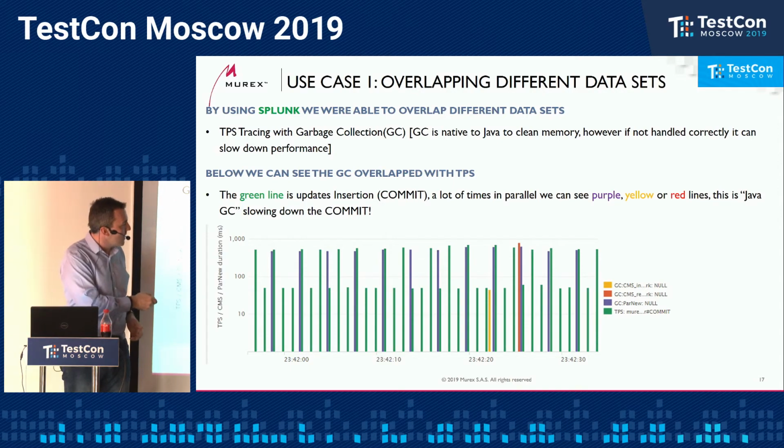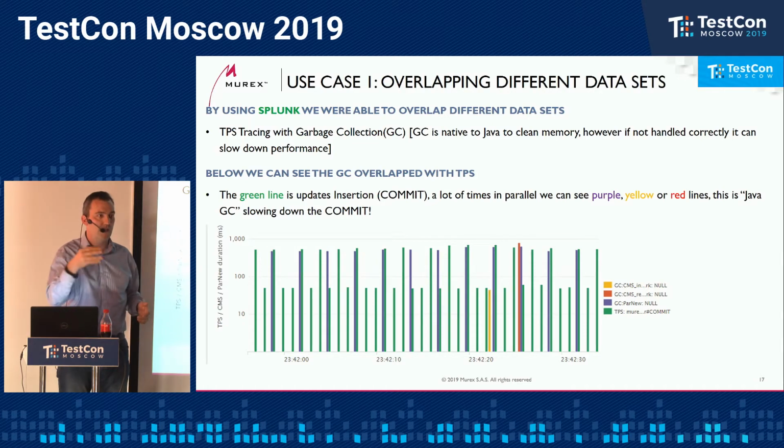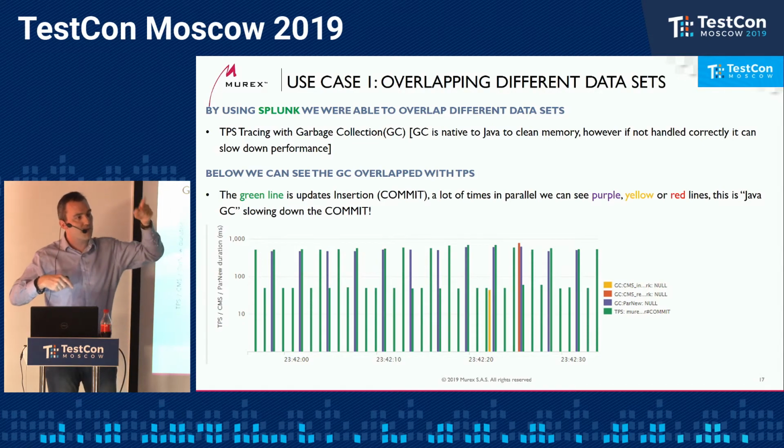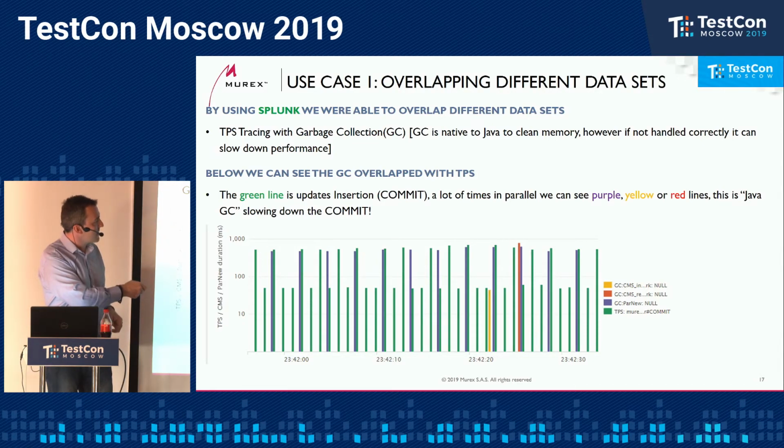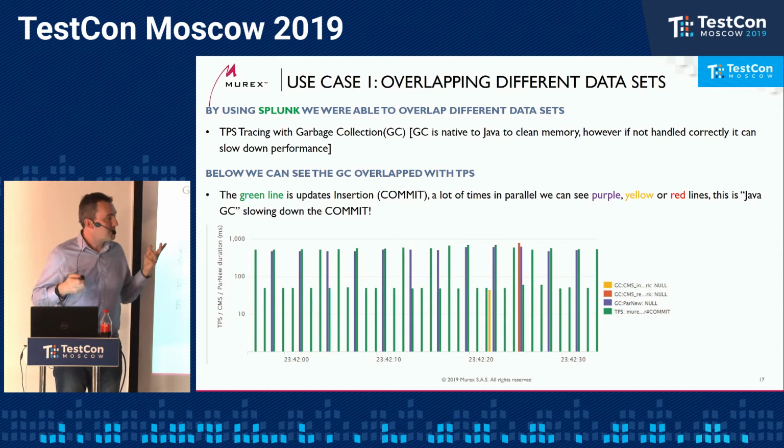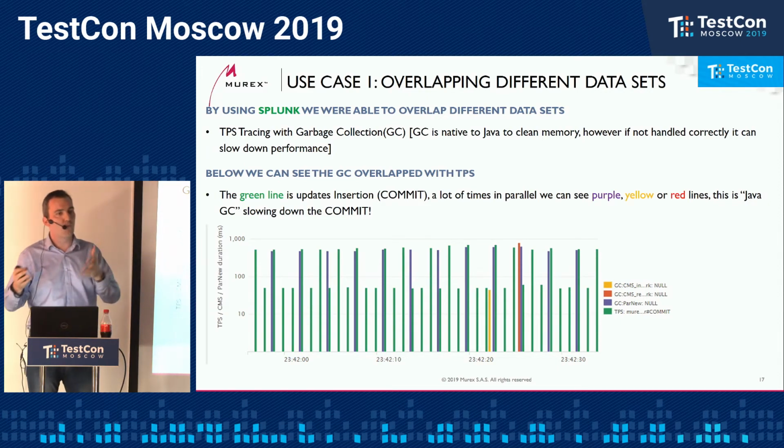Some trades were quick, 50 milliseconds, but some trades were taking 700-800 milliseconds. So they were causing big peaks. And the garbage collection is right beside it. So straight away we see that one of our issues is garbage collection, okay?